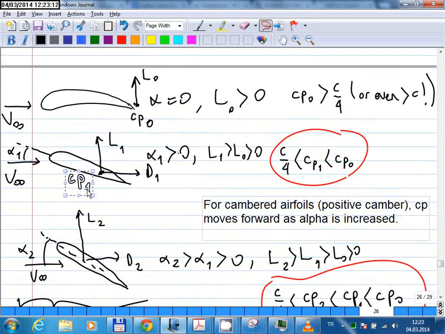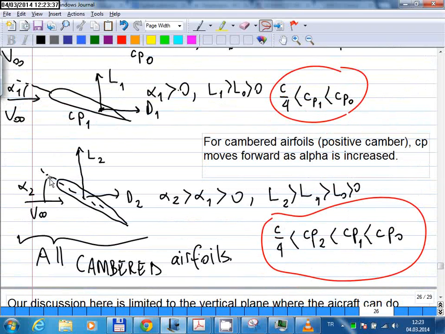For low angles, the center of pressure is at the back, and sometimes it can be even behind the chord line. So your center of pressure can be greater than your chord length itself, and as the angle of attack increases, it gets closer to the quarter-chord point.